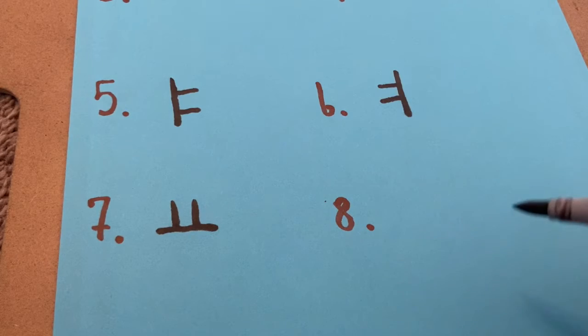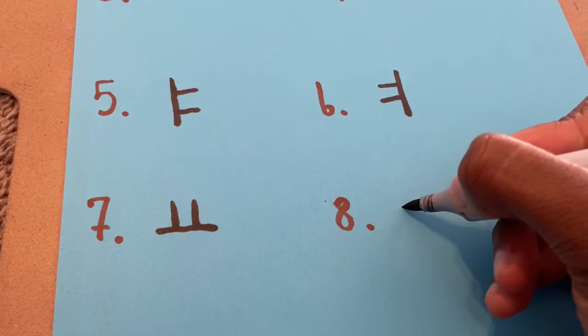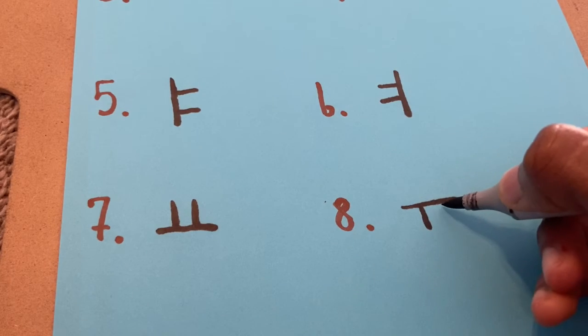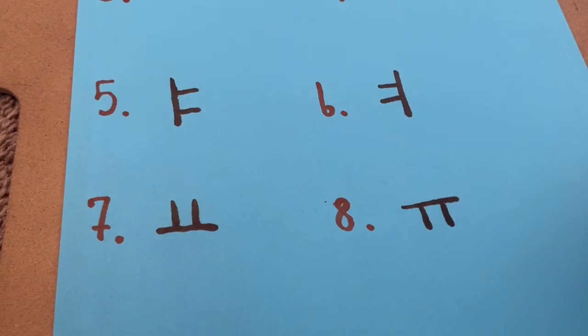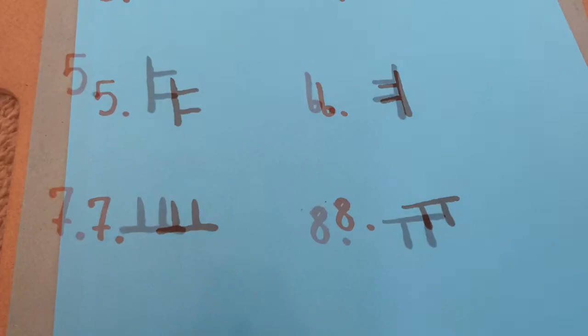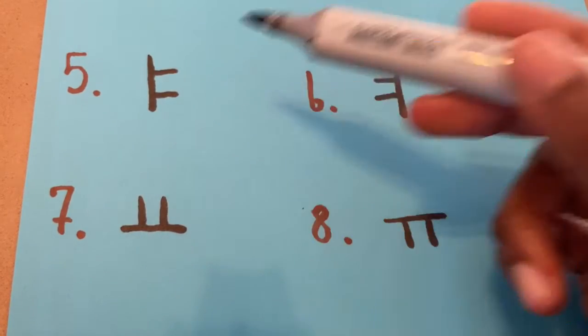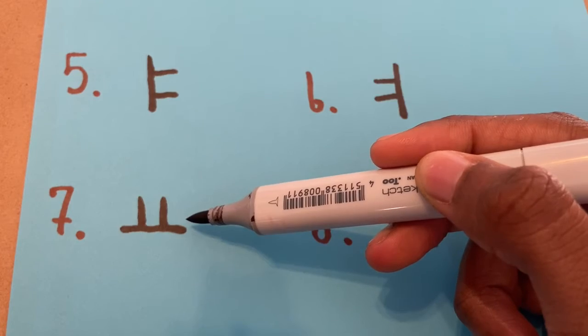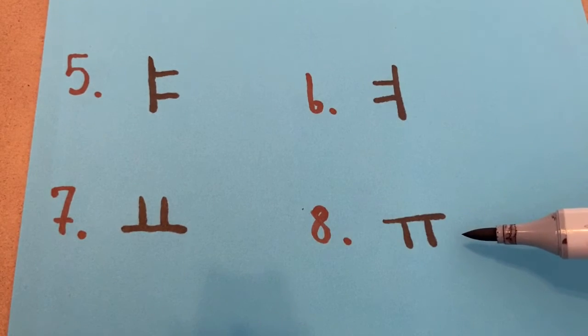And of course, the next one would be you, because we use 2 little lines instead of 1. Ya, yaw, yo, and you.